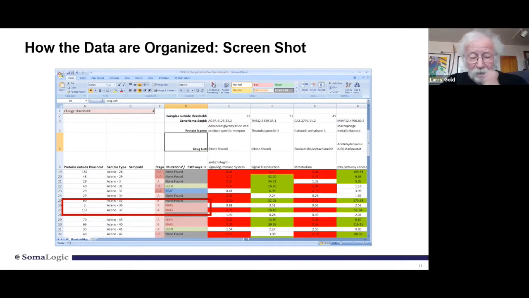So this is the very first data set that was done with 63 samples. And it's organized in a funny way. It's organized from left to right, except for the first column, which we'll come back to, by protein that was on the then SomaScan menu. So left to right is just proteins, okay? And if you look up at the top, they're going from column E over by protein. So what is the order going left to right?